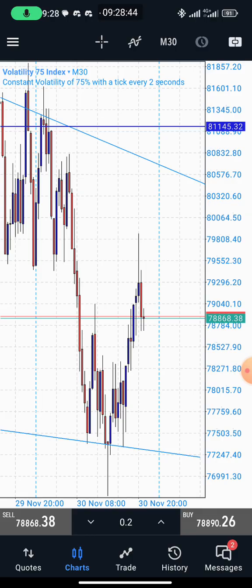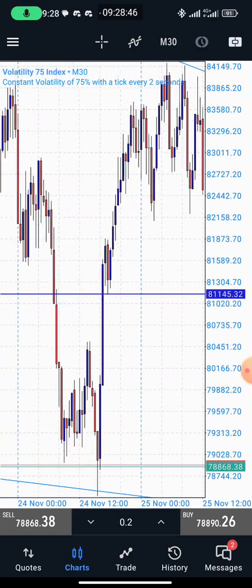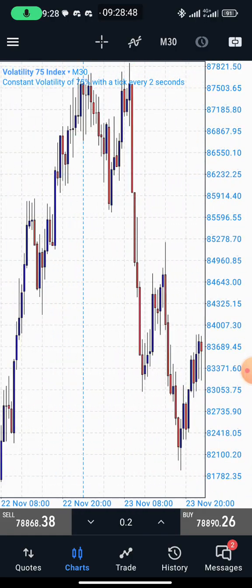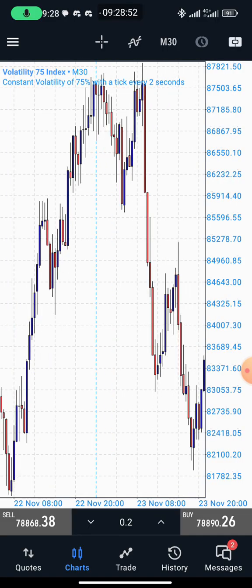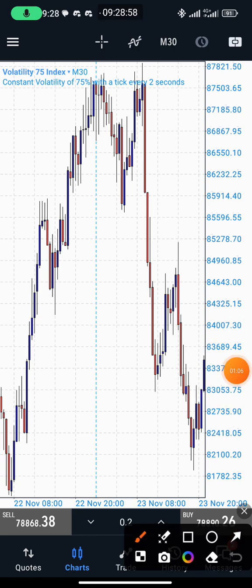Let's take for example a trading strategy. Let's say your trading strategy involves trading double tops and double bottoms. On my chart right now is a double top formation right there.